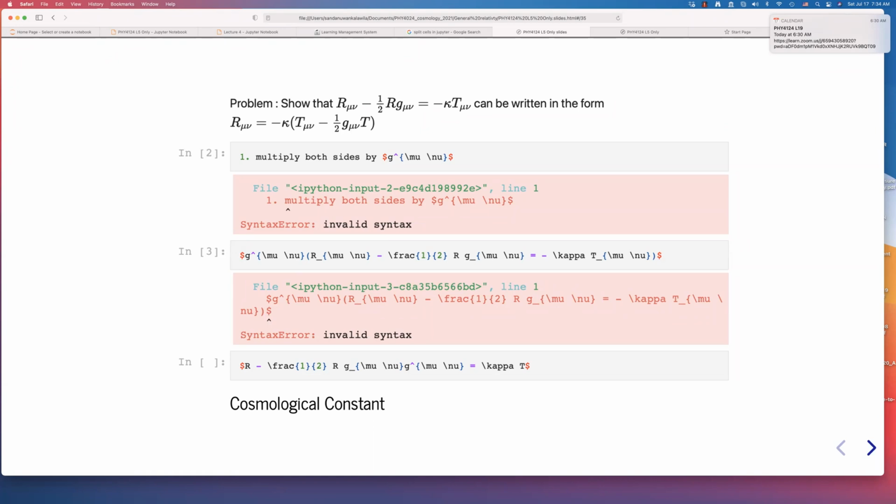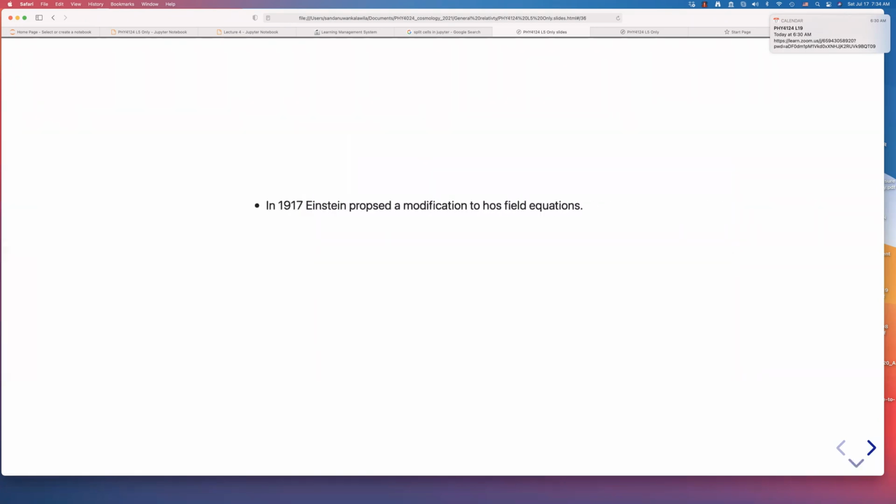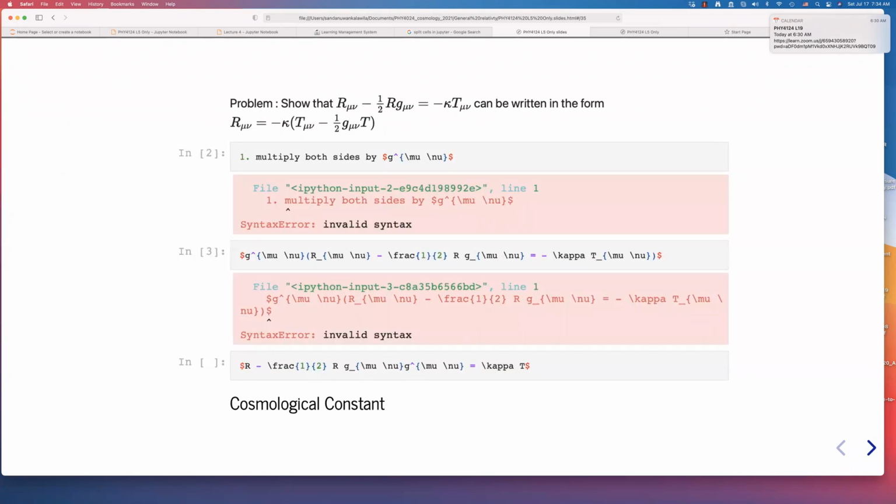Now let's look at this section about the cosmological constant. The story actually gets very interesting after this particular point. Now Einstein has his field equations already derived. Now all the hard work is done.